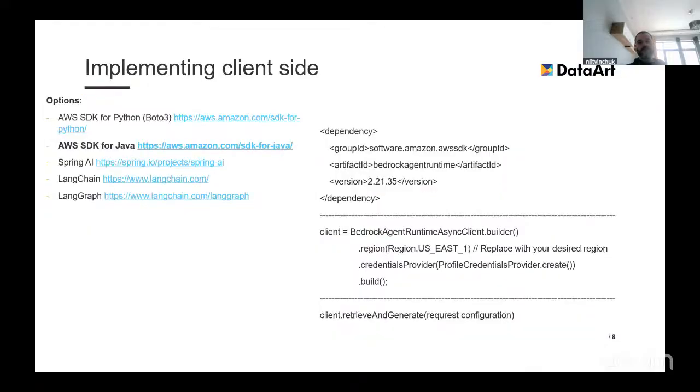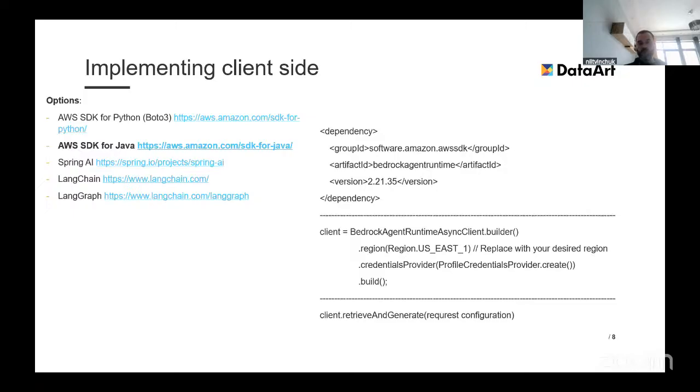So next thing was for us to implement the client side, and as for client side, there are multiple options here. If you're using Python, you can use the bare AWS SDK, and for Python it will be Boto3. For Java, actually, we used the Java SDK for our proof of concept, and it is really simple to add.